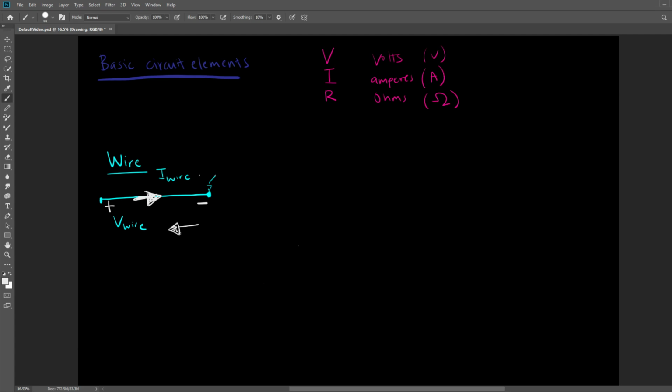And if we assign the arrow the other way, based on passive sign convention, we would assign a minus on the arrow side, and a plus.